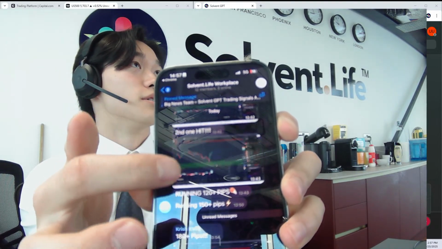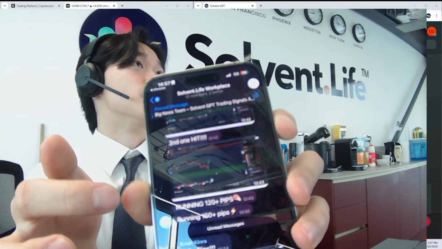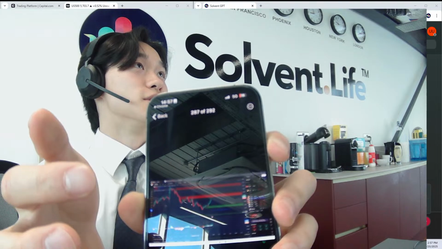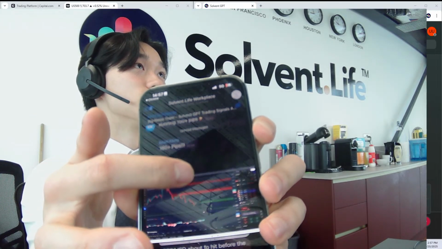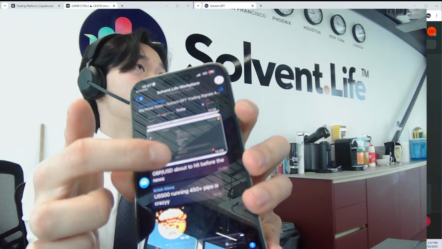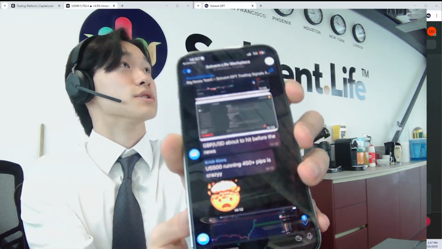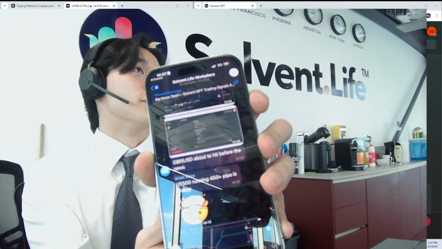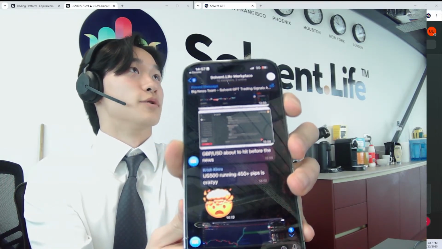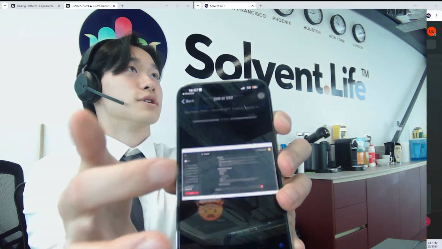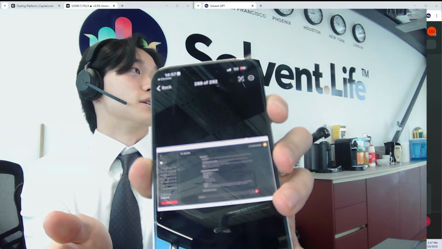What else have we got? 120 pips running 150 plus. And you can see all these different signals. I'm trying to not get the reflection, but it's a little bit tricky with the lighting. What does it say there? GBP USD about to hit before the news. US 500 running 450 pips is crazy. There we go, and that was one from the GPT.